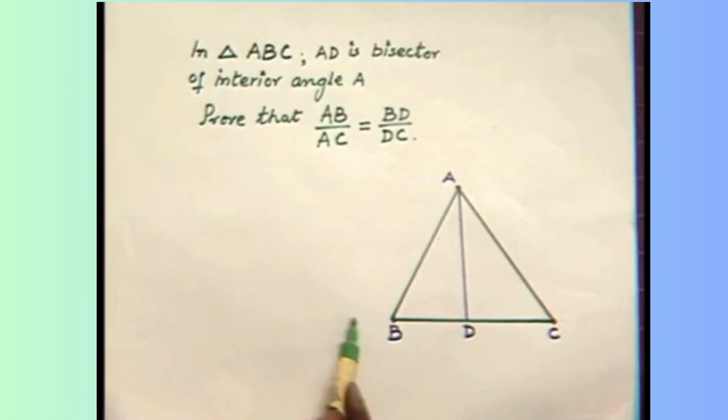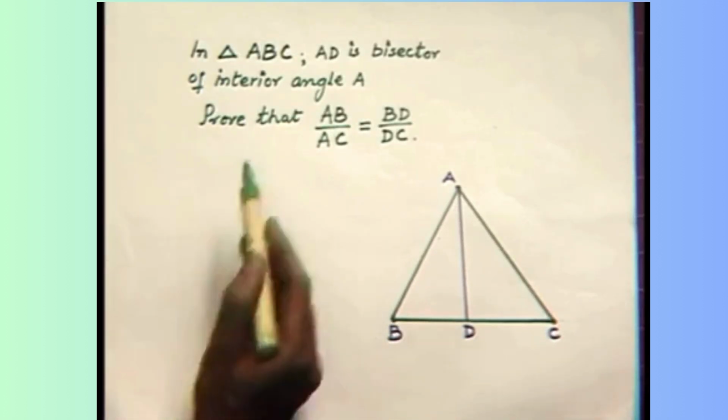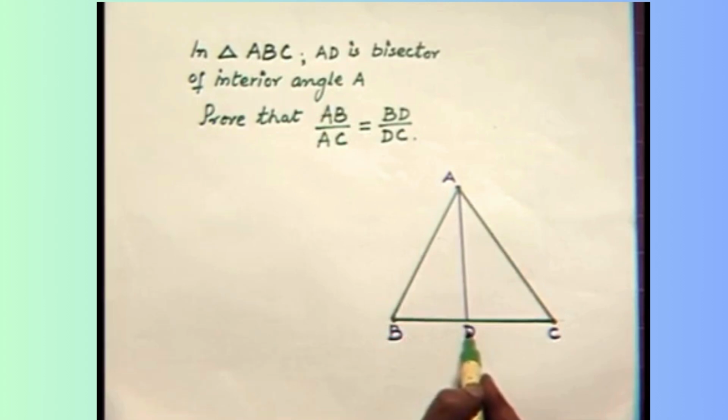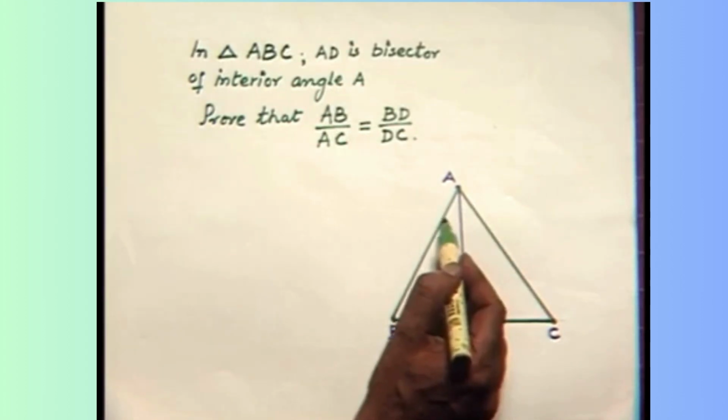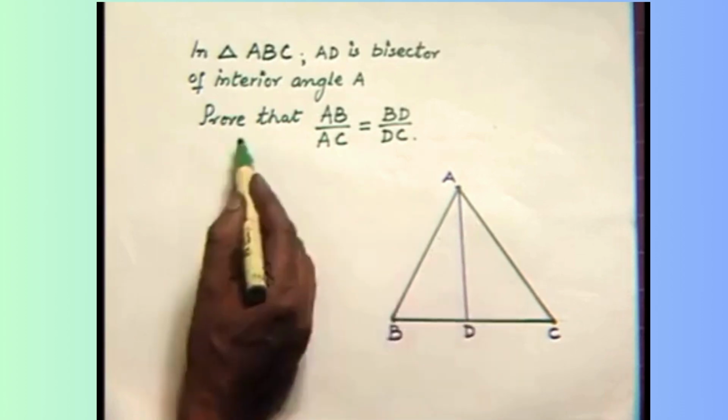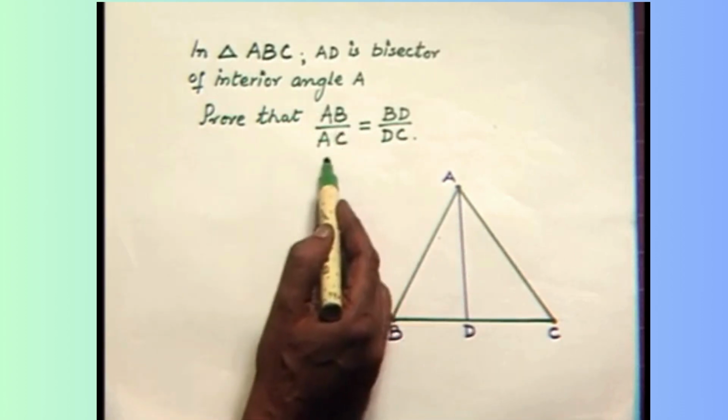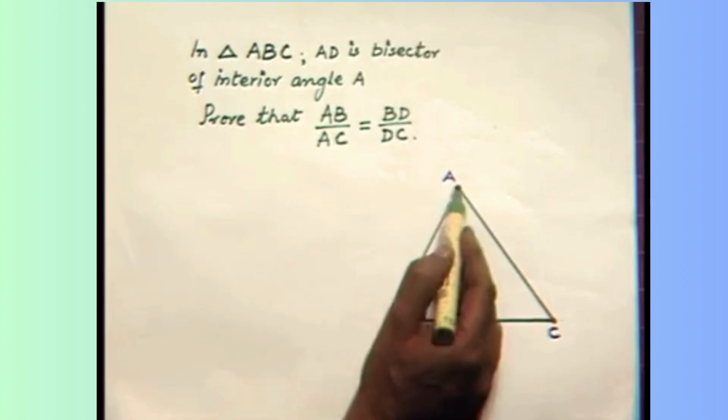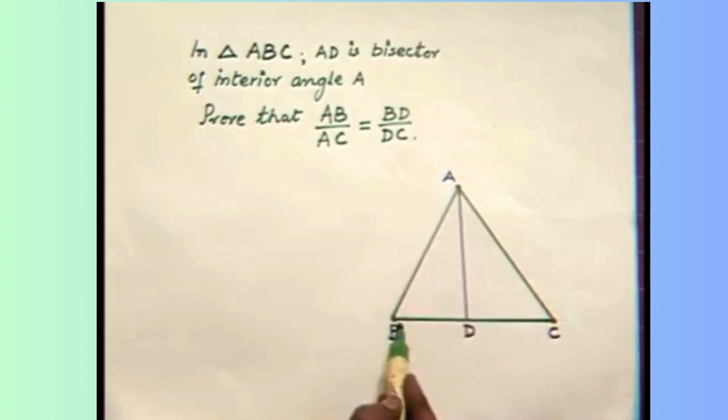Now, here we are again having one more problem for you. In the triangle ABC, AD is the bisector of interior angle A. We have to prove that AB upon AC is equal to BD upon DC. For that, we need to do a bit of construction.